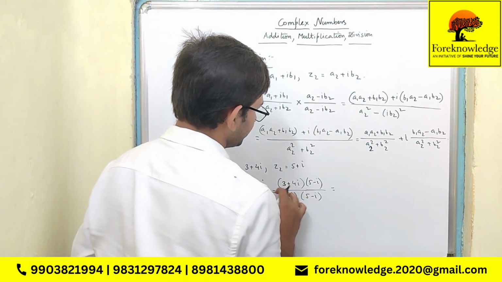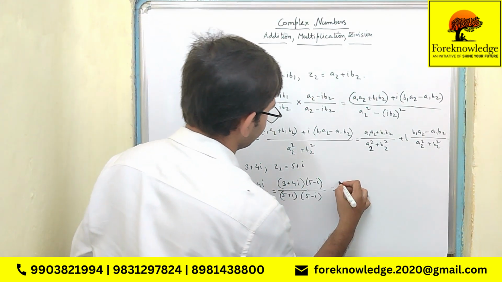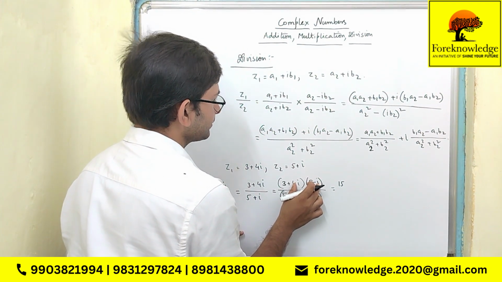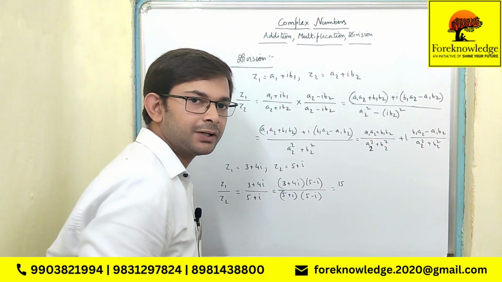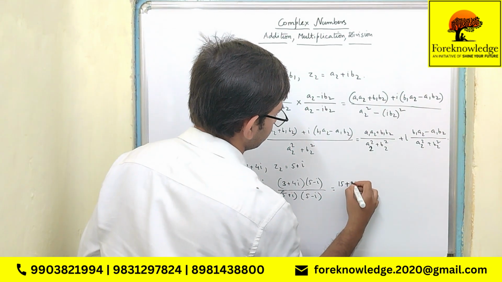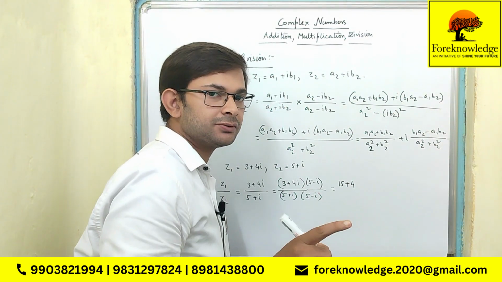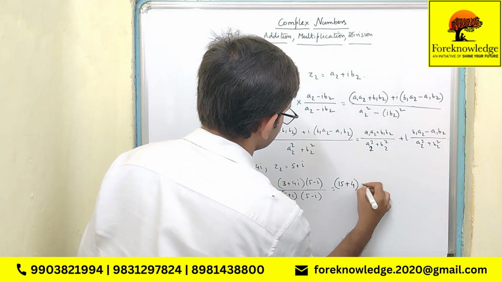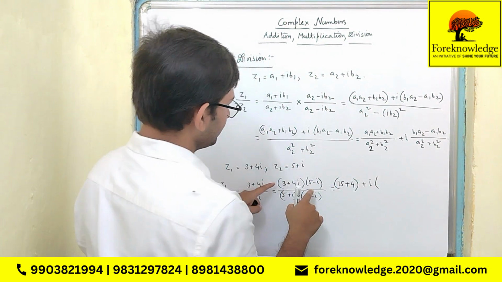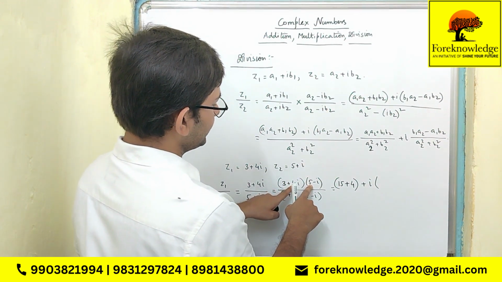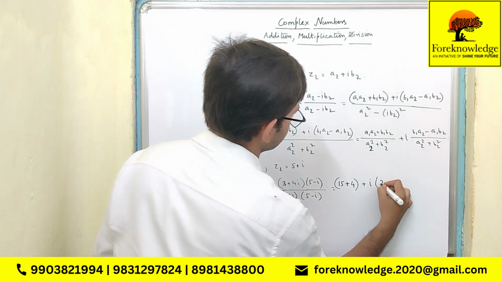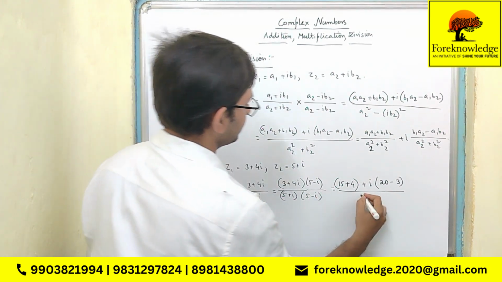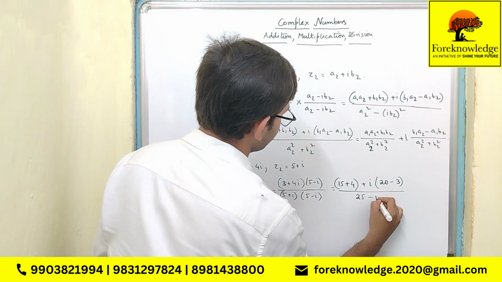So the multiplication leads us to 3 into 5, 15, minus 4i square. Minus 4i square means plus 4, because i square is minus 1. So 15 plus 4, plus i times 5 into 4, 20, minus 3. 20 minus 3 whole, divided by 5 into 5, 25, minus i square.